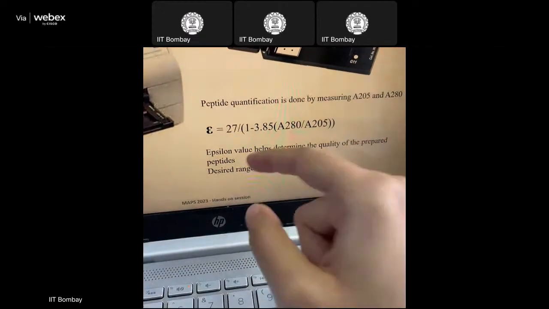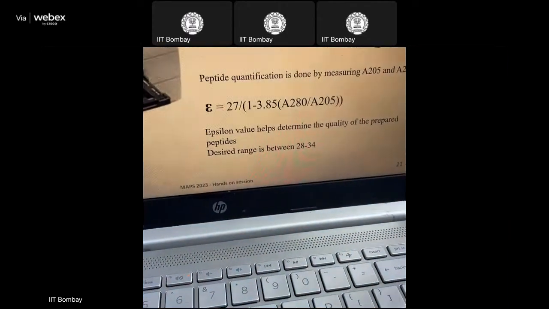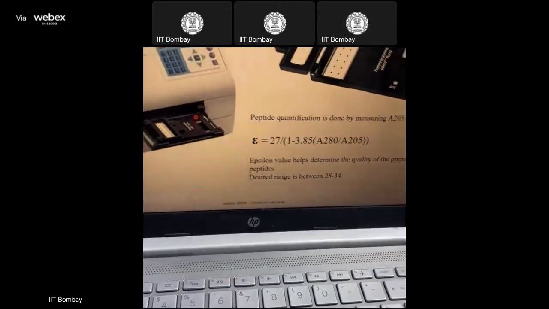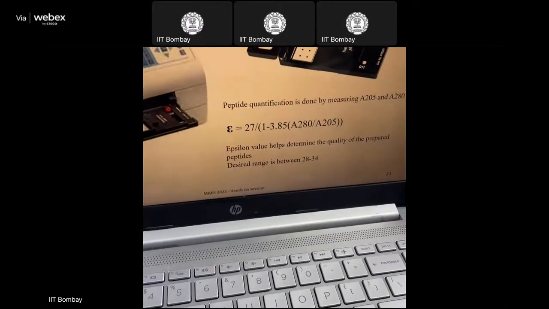Ideally it should be between a range of 28 to 34. If it is lesser or more than that, it will not be good for the health of the mass spectrometer. It means there might be more salts or contaminants.